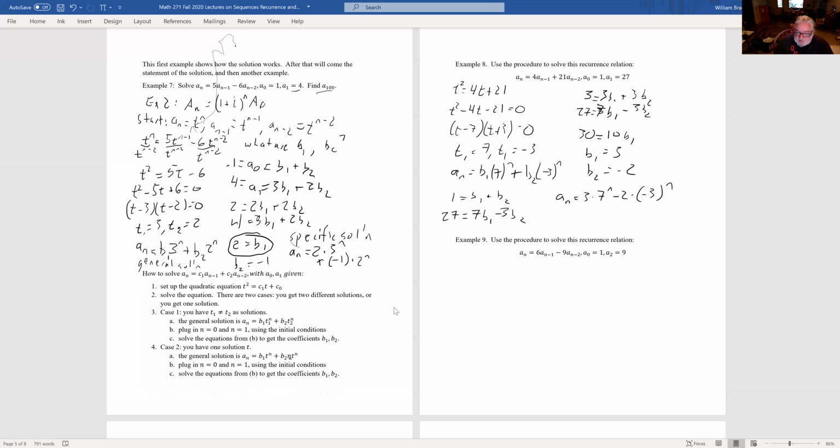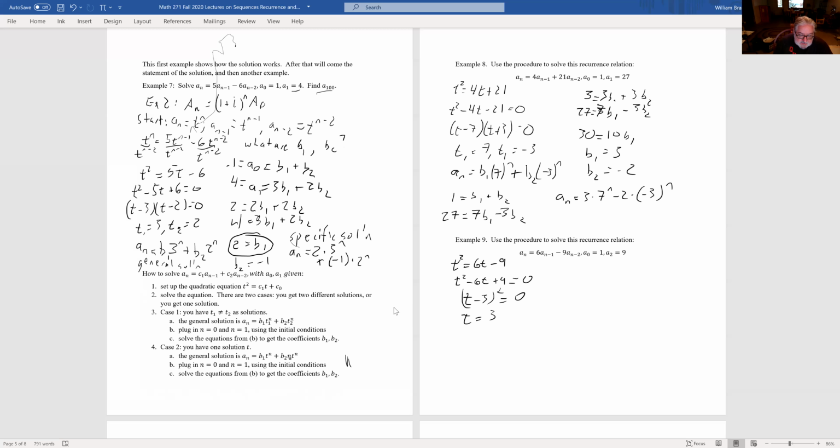Okay, what about this relation? Okay, so we start off in the same way. We turn it into a quadratic. T squared equals 6t minus 9. We move everything over so we can solve this. We say, I know this. This is a perfect square. So now we're in case 2 because we only got one root.